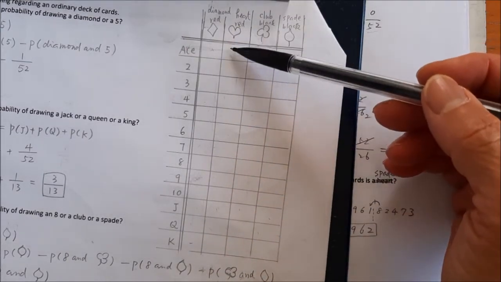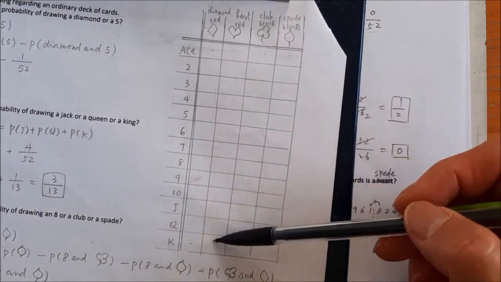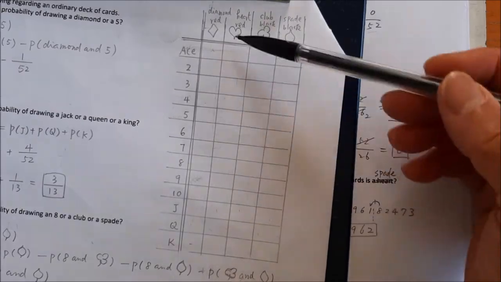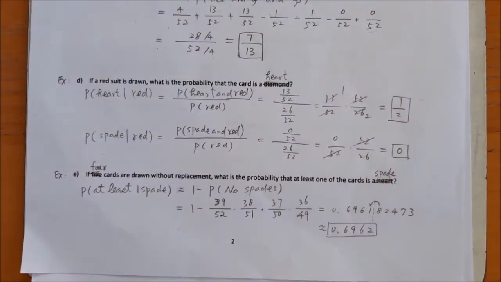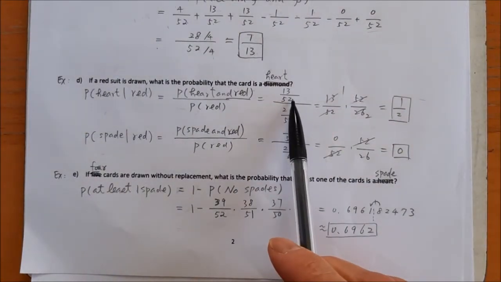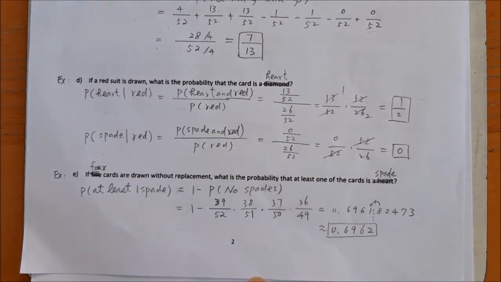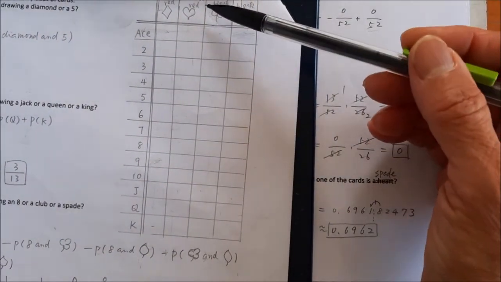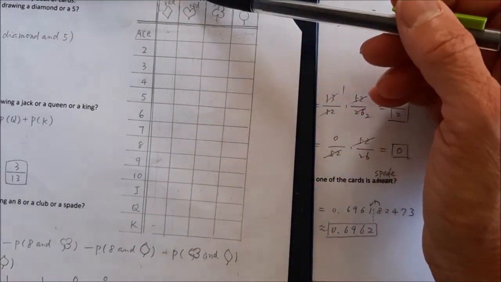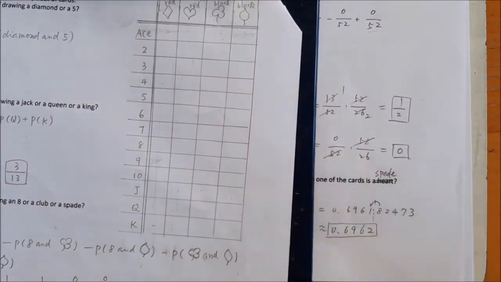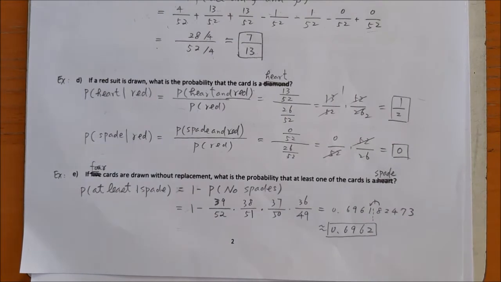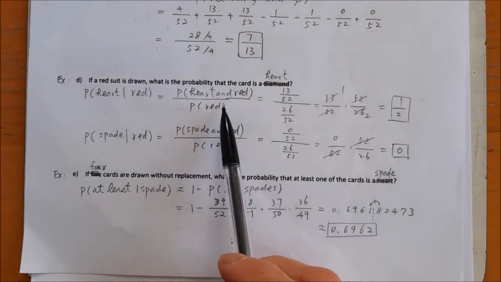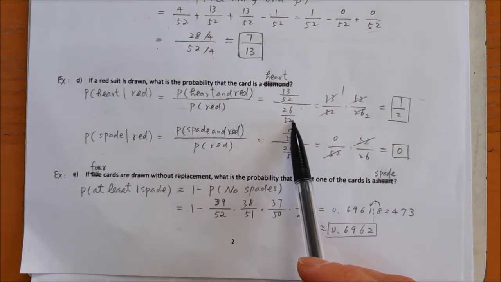There are 13 heart cards, which are red. So the probability to get heart and red is 13 out of 52. And what is the probability of red card? There are diamonds, 13 red cards, and hearts, 13 red cards, total 26 red cards. So the probability to get a red card is 26 out of 52.